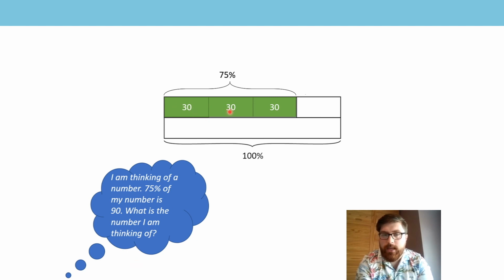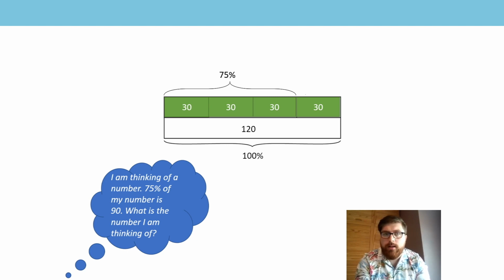So I've got one part here, one part here, one part here, and here I need another 30, or another 25%. Here we go. There is that missing 30. Now we know that 90 add 30 would be 120. We know that 9 add 3 is 12, so of course 90 add 30 would be 120.